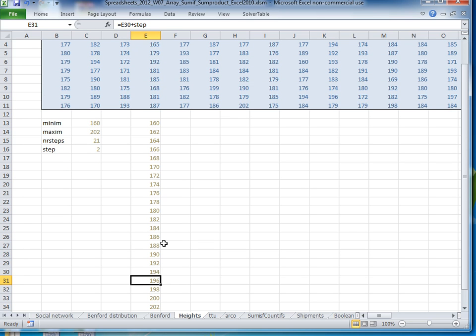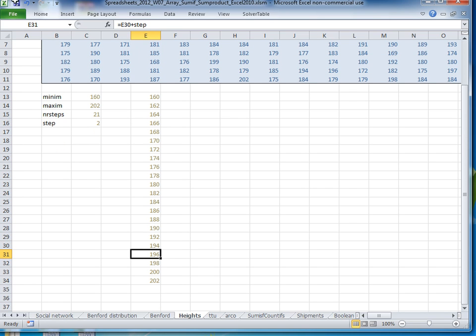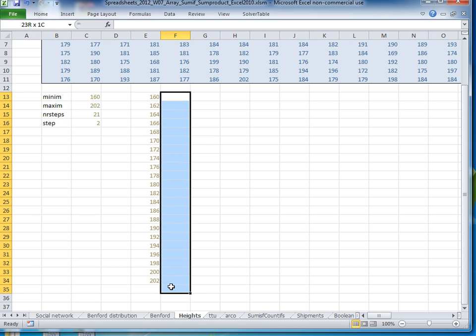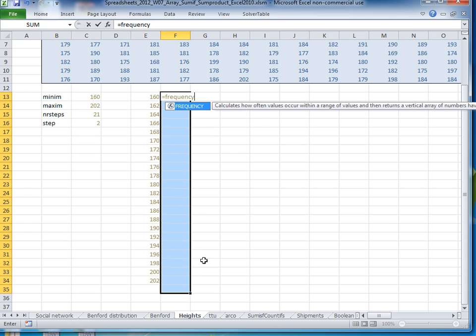Okay, now we need to give the command frequency. So let's, as always, select these cells. We need to select one extra cell actually. Let's talk about this one extra cell later. And we write equals frequency, parentheses begin, and that's our data up there.